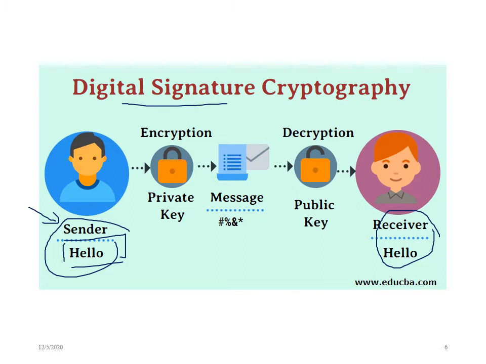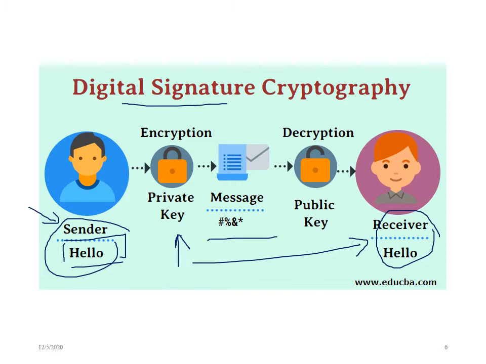So hello is the message, and it has to be received by the receiver. The digital signature will tell that this hello is a message which has originated from the authenticated sender. Here we use the private key of the sender, and with the help of the private key I encrypt this message.